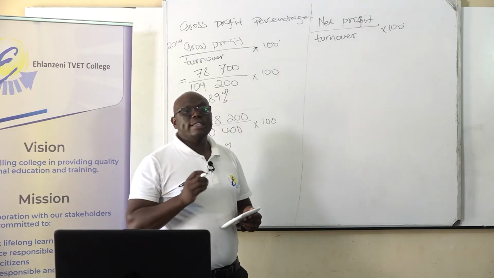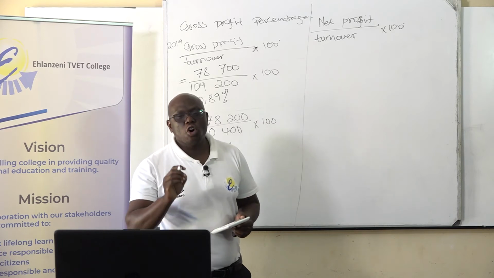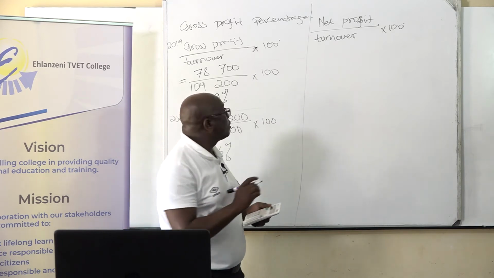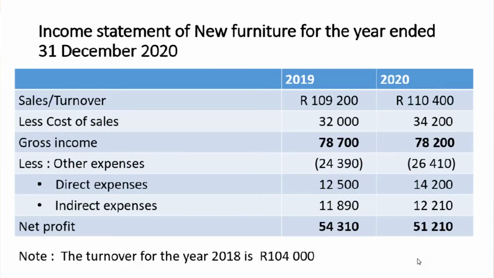Let us calculate the net profit percentage for 2019. Our net profit, as you can see on the income and expenditure statement, is 54,310.